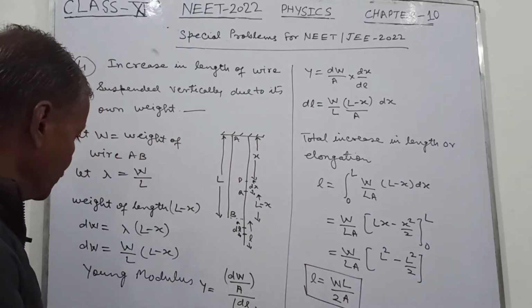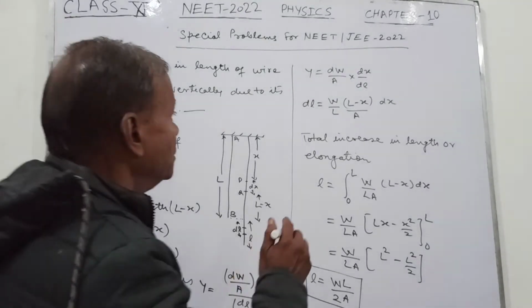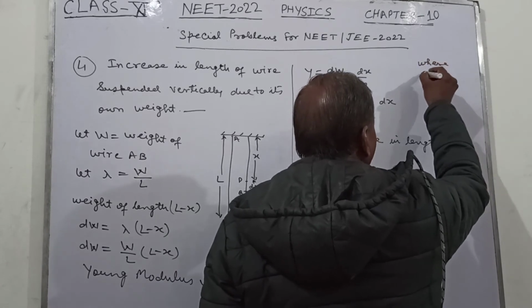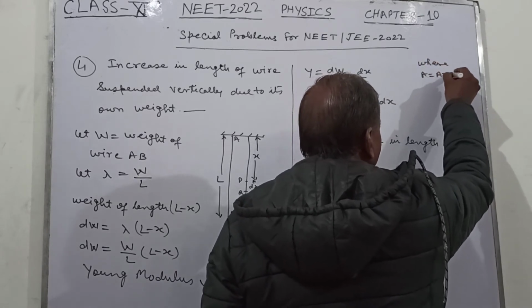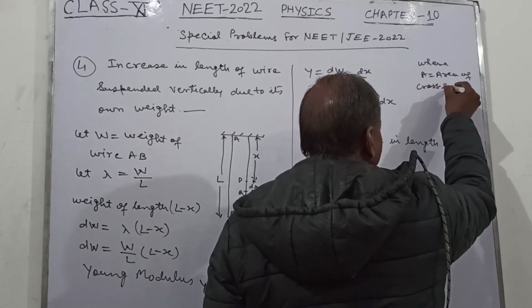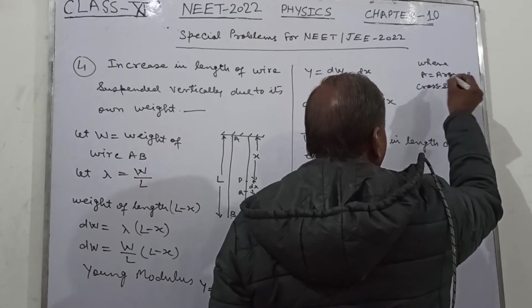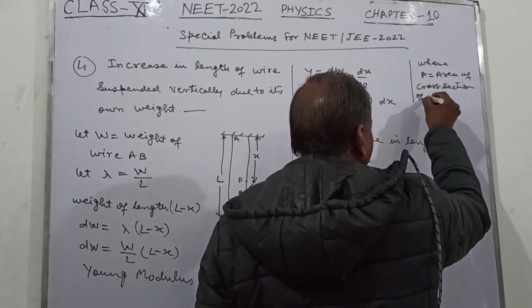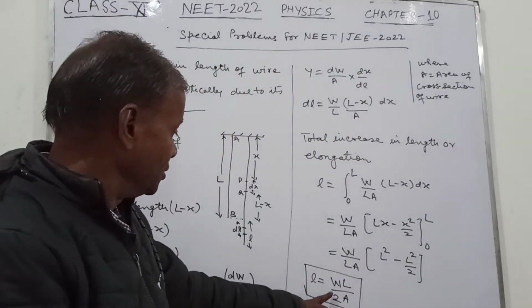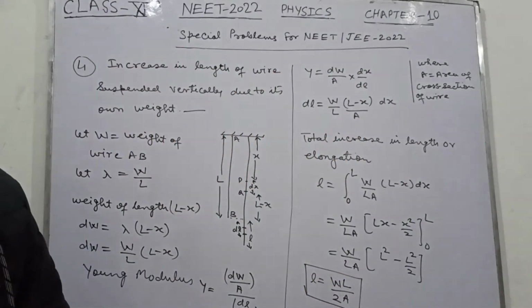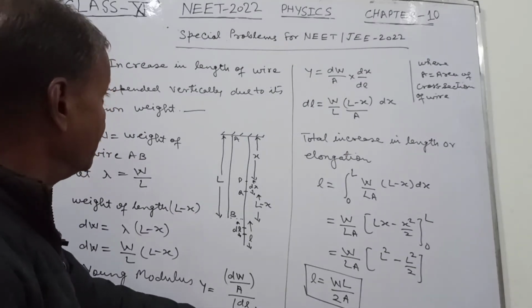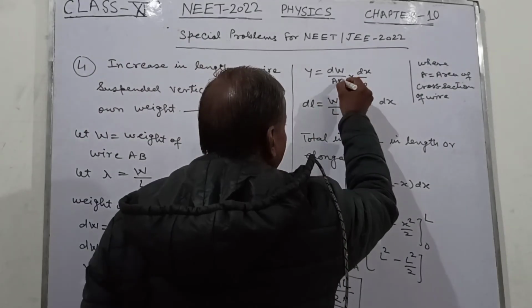A is the area of cross section, where A equal to area of cross section of wire, and Y is Young's modulus. So this will be so much the increase in length.